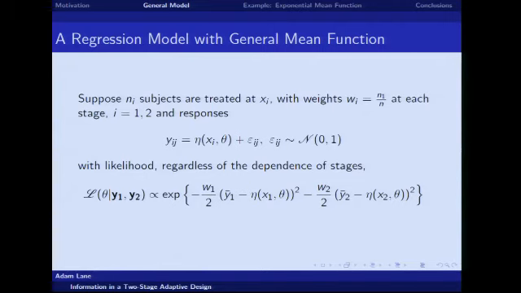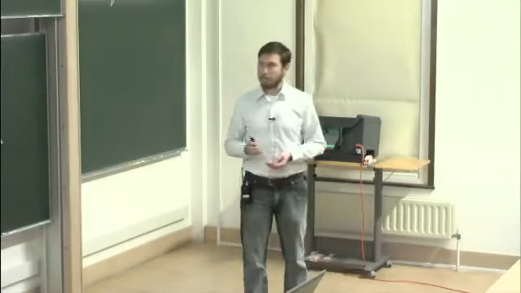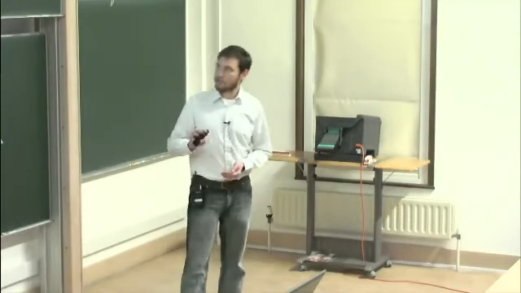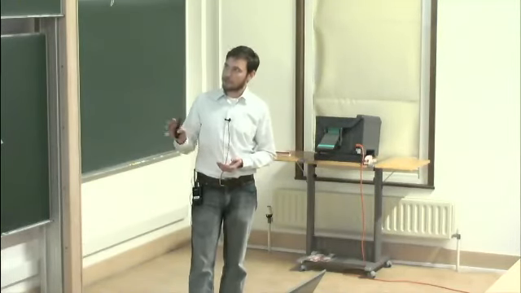And then the function eta depends on your treatment level and a single one-dimensional parameter theta. And so in most cases we're wanting to think about eta being a nonlinear function. But for our example, the linear case, when you take into account the adaptive step, is actually quite interesting as well, but we haven't really considered it.